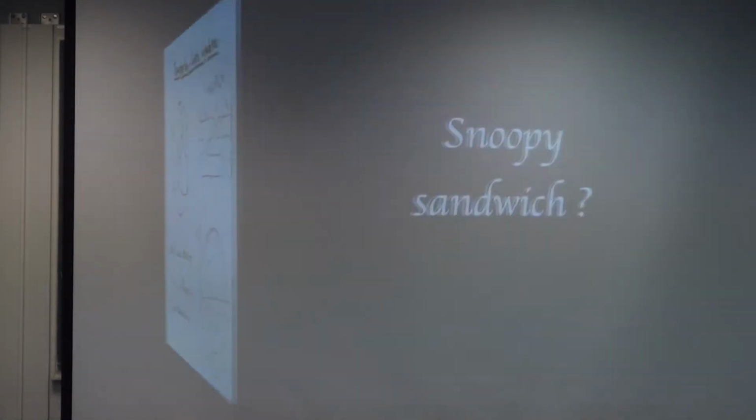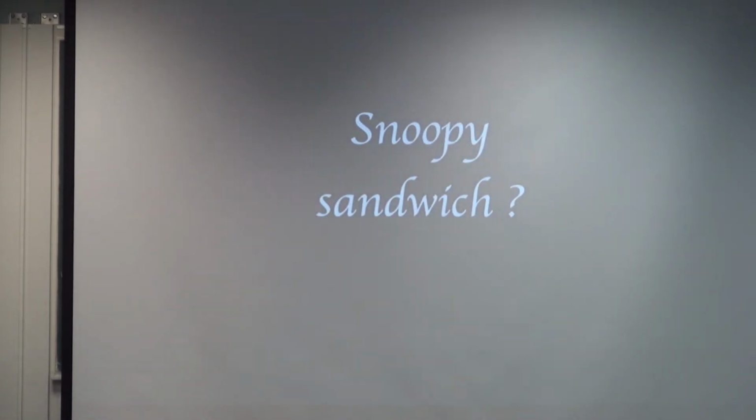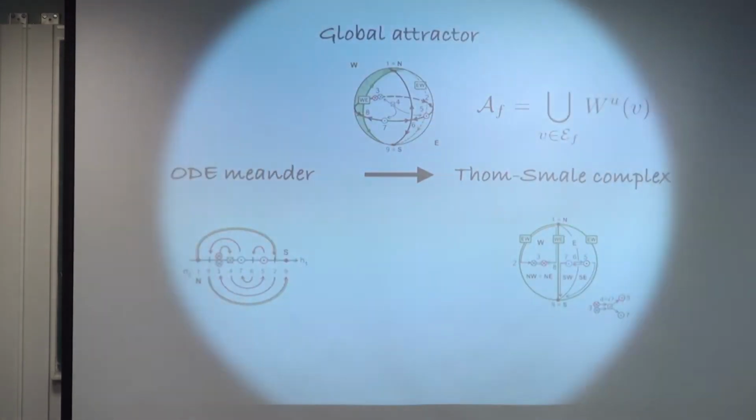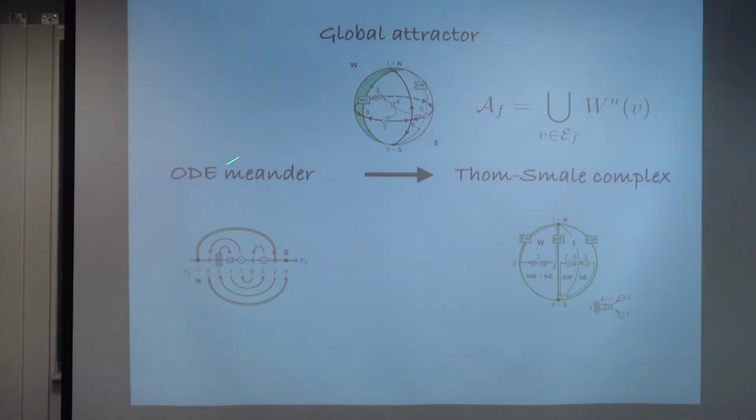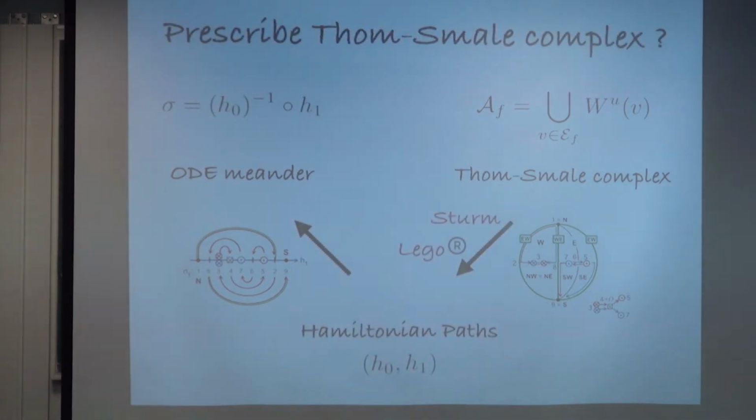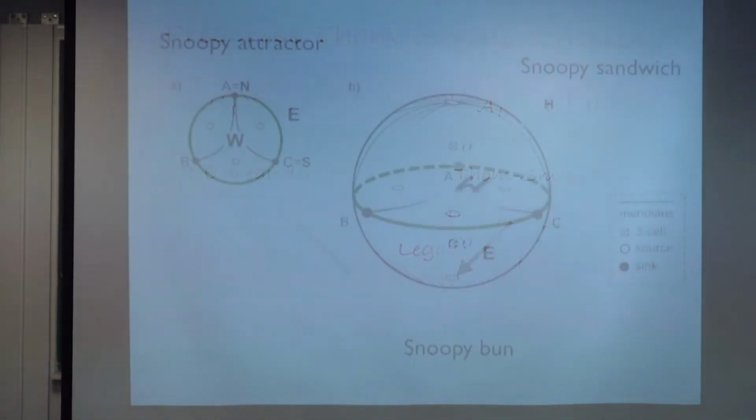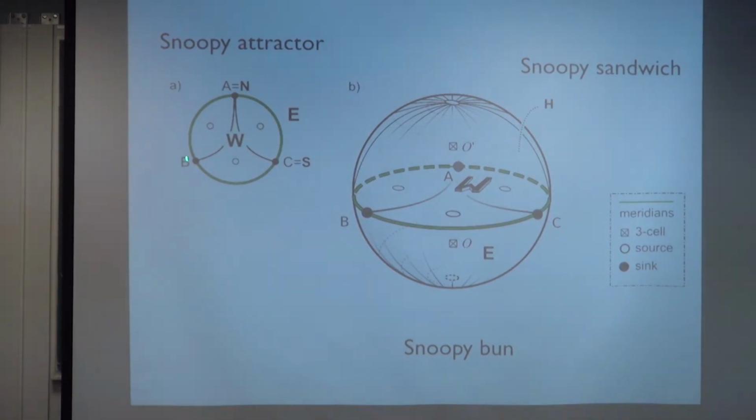And the question is, can I go in the other direction? Let me give an example. So here is the Snoopy Attractor. So we have gone from ODE meander to complexes, and now we want to go in the opposite direction.